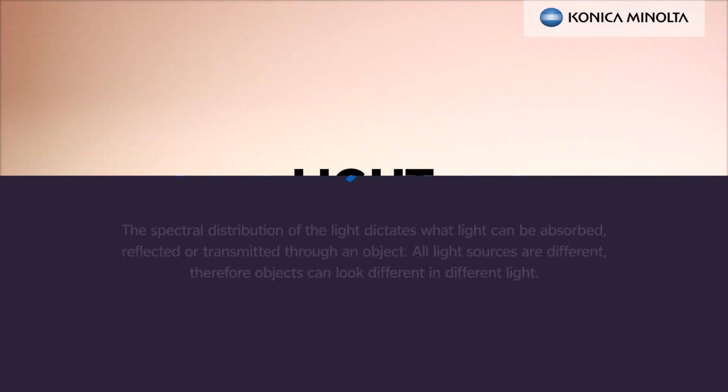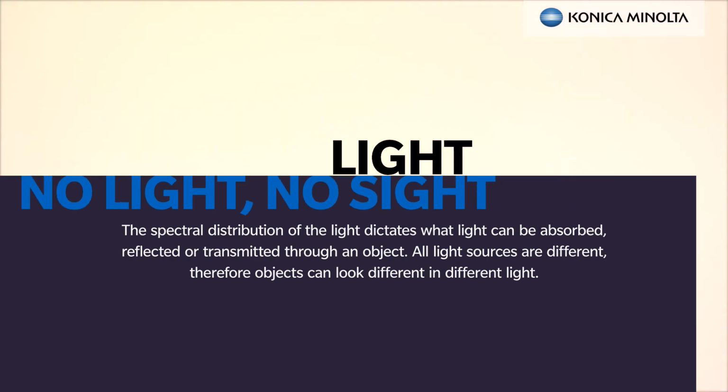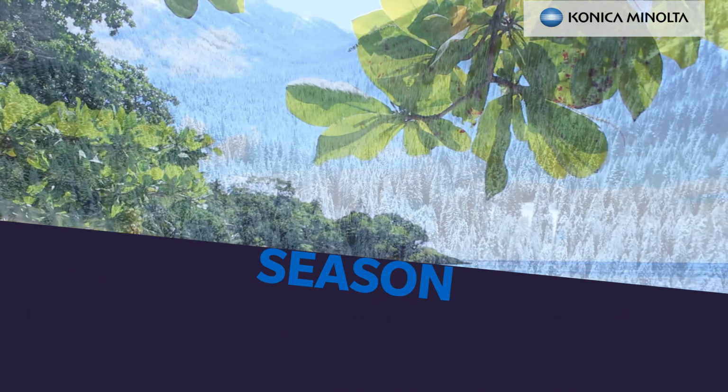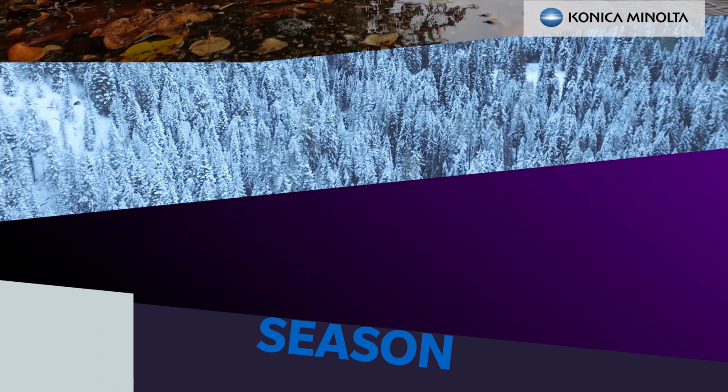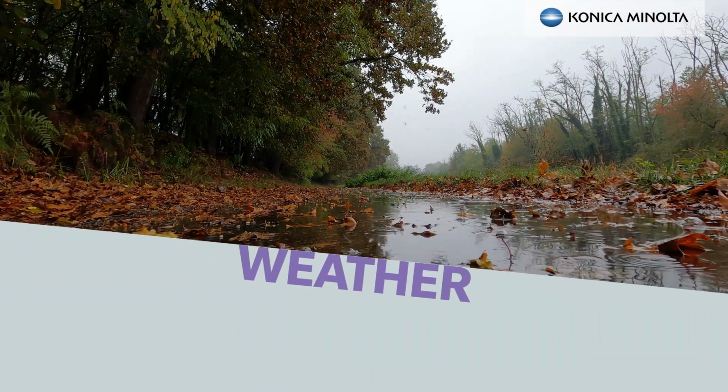Light is energy within the electromagnetic spectrum, and the distribution of that energy, depending on its source, will be different. You're probably familiar with this from your own home. Some light sources have a redder or warmer hue, while some appear to give off a bluer or cooler light. Indeed, even sunlight is different at different times of the year, or in different weather, or in different locations.